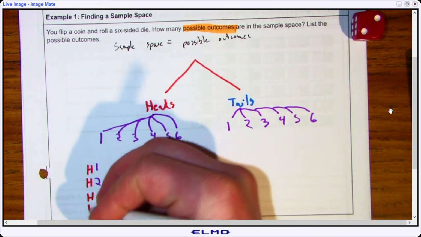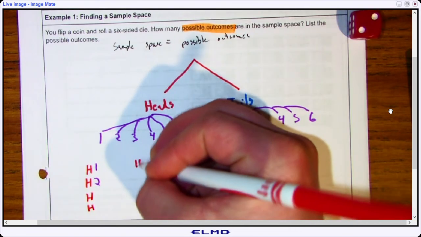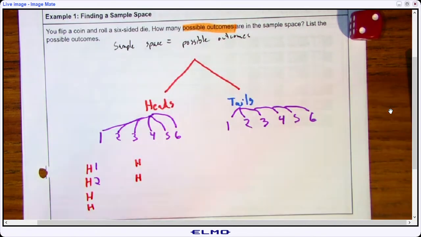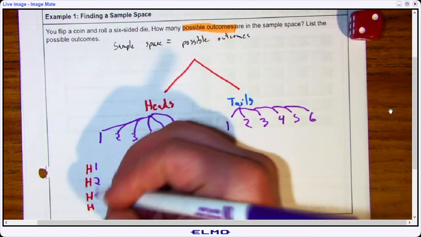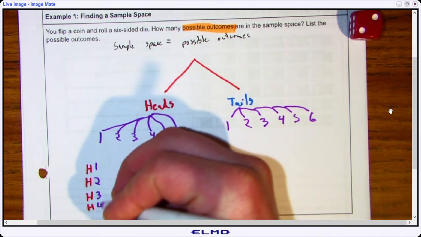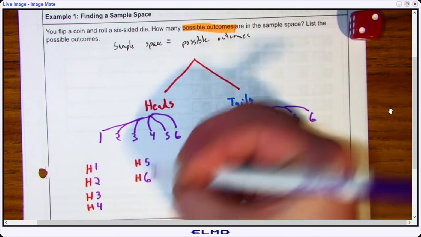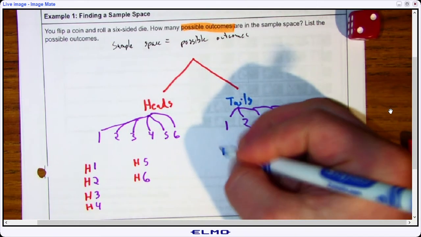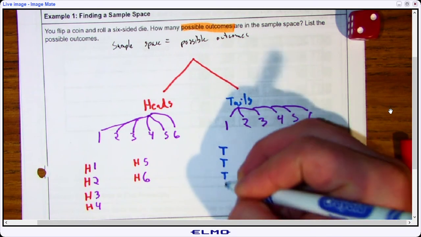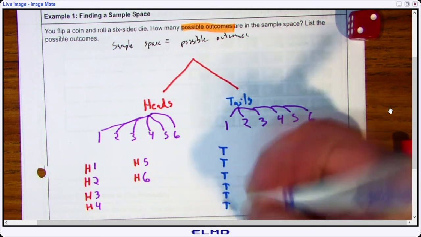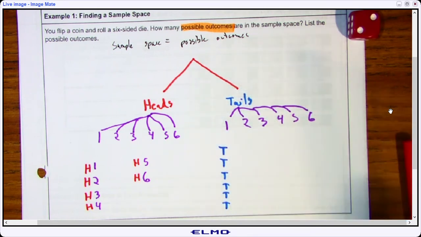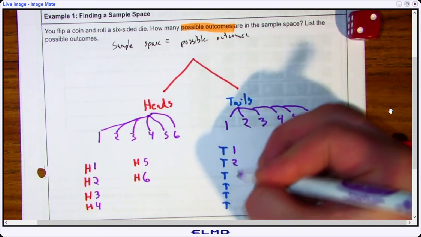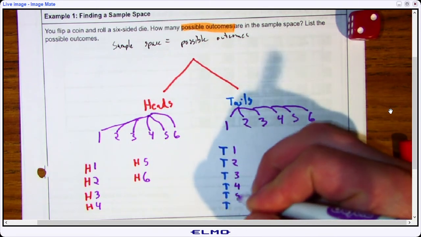And there's going to be 6 options here. If we flip heads, we're going to roll a 1, 2, 3, 4, 5, or 6. And if we flip a tail, there's going to be another 6 options. So we flip tails, we roll a 1, 2, 3, 4, 5, or 6.